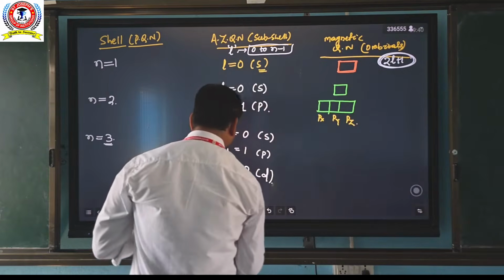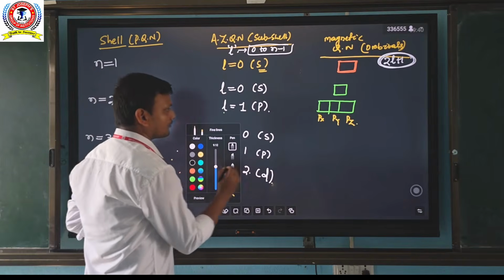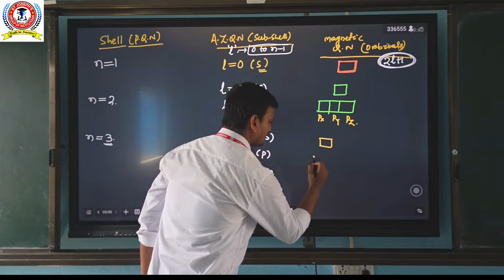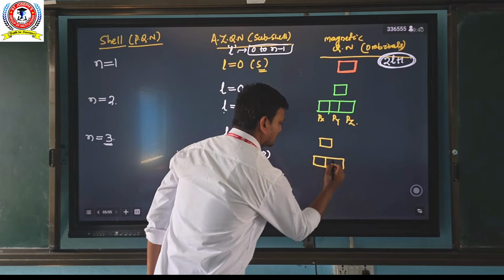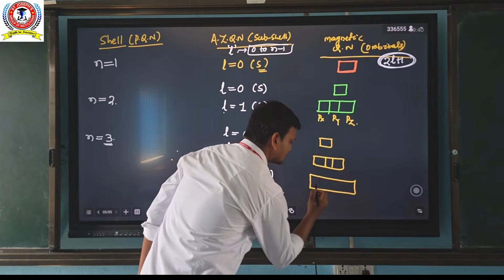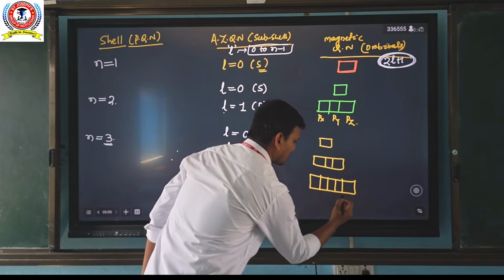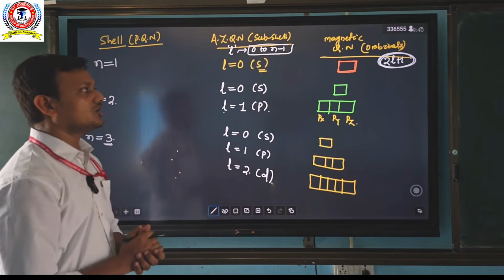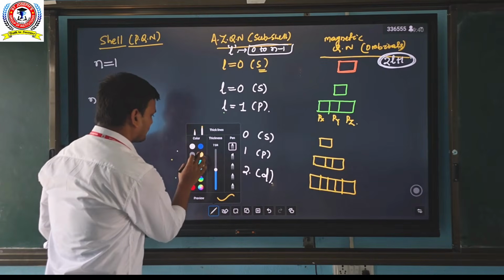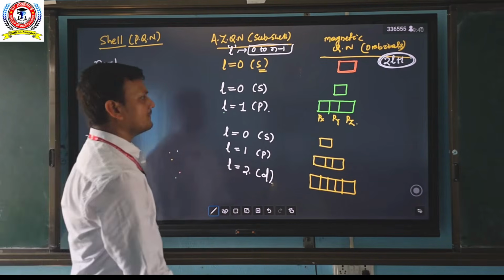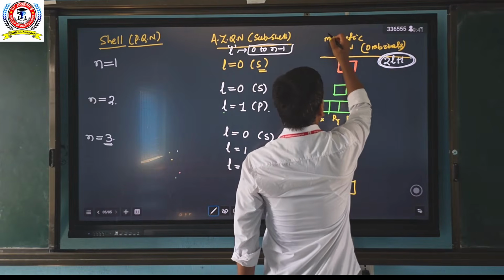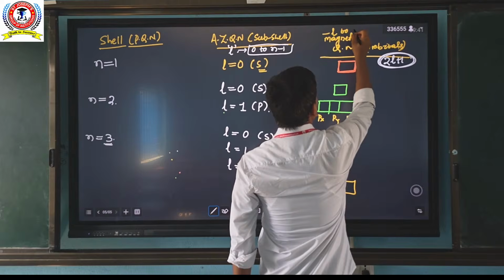And also, students, we know that the s subshell has 1 orbital, the p subshell has 3 orbitals, and the d subshell has 5 orbitals. Students, we know that the value of m lies between minus l to plus l.